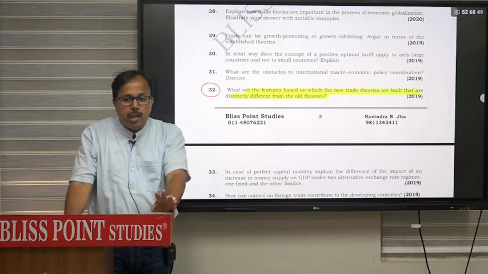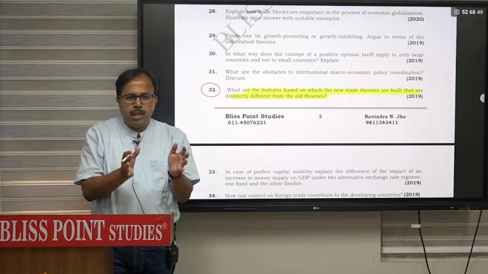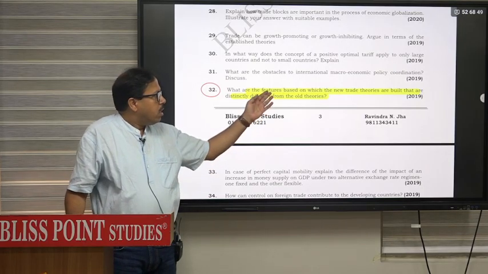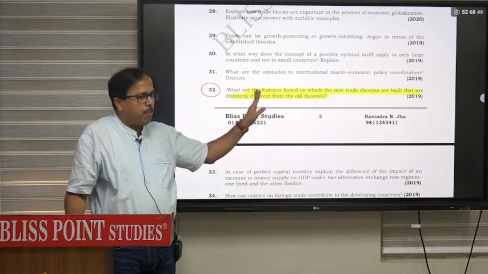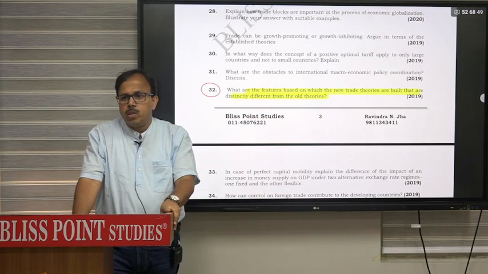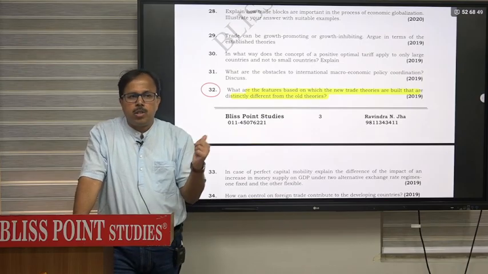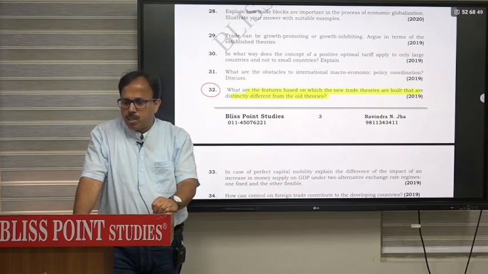Not naming any particular theory, it clubs all old theories and compares them with the new theories. Once you are done with the old theories and all the new theories, you can answer this question in a better way: which theories come under old theories, and which theories and features come under new theories.